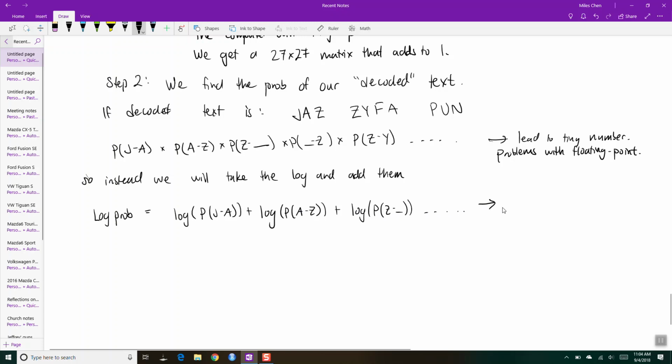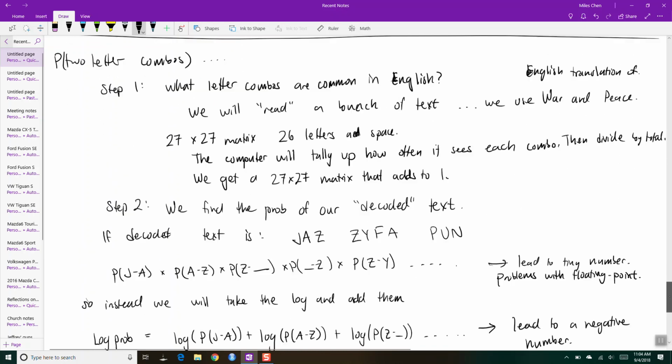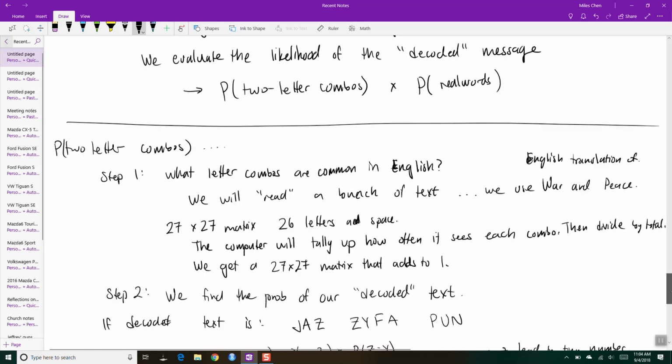And so this will lead to a negative number. Okay, is that all right? Okay, so we'll do that. So that's how we're going to do the two-letter combos.